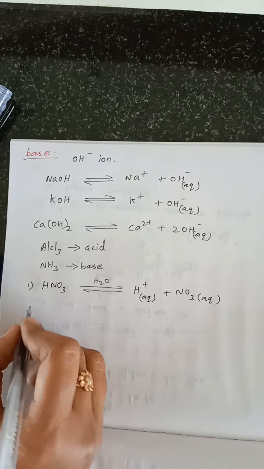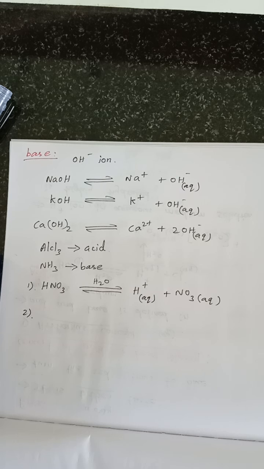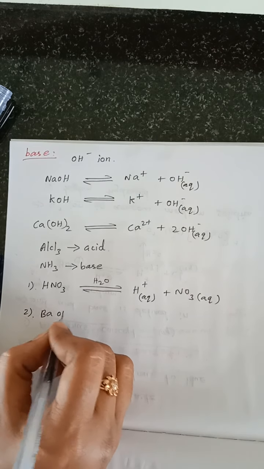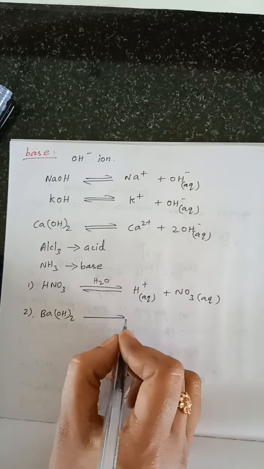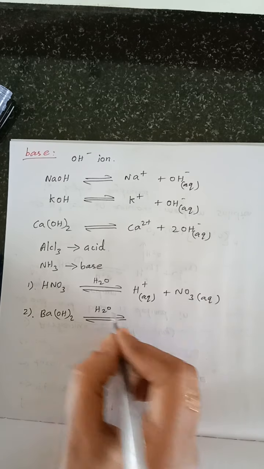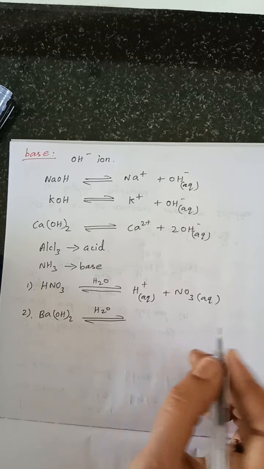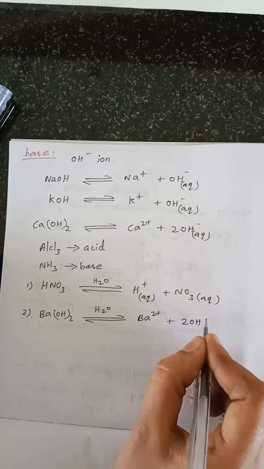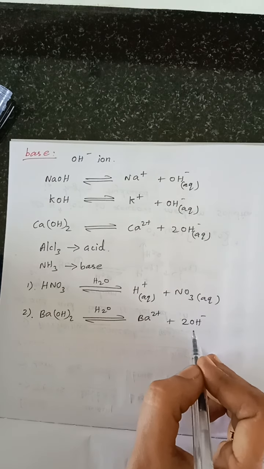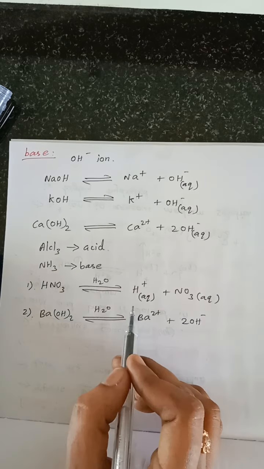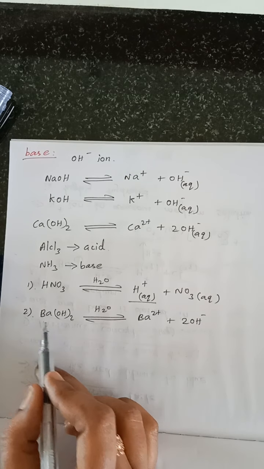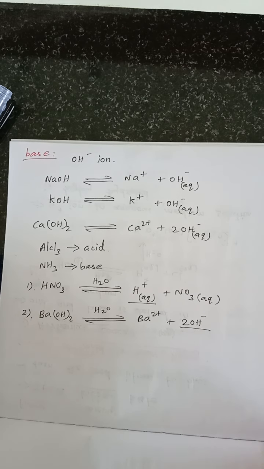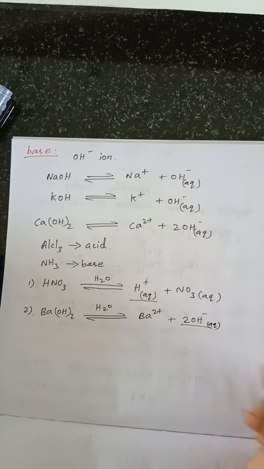The second example is barium hydroxide, Ba(OH)2. In the presence of water it separates to form barium 2 plus and 2 OH minus. This is the base form. So nitric acid forms an acid, and barium hydroxide forms a base in the aqueous medium.